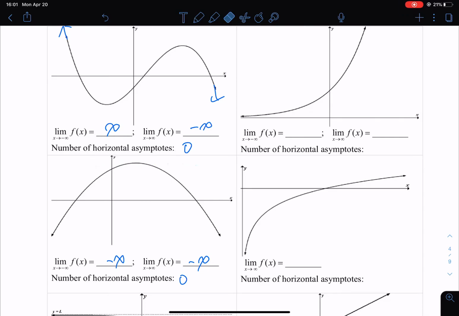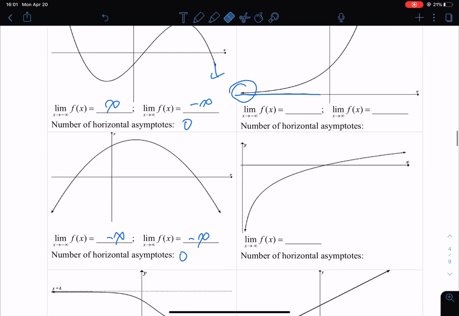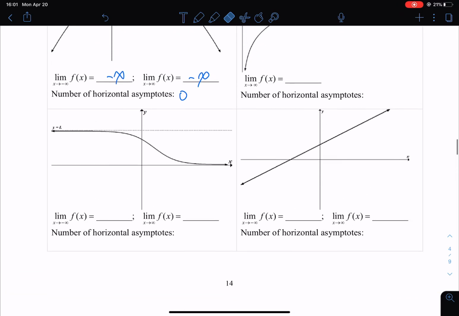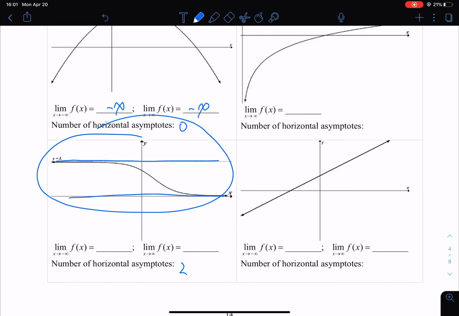For a horizontal asymptote, it must be like this one. You can see this is a horizontal asymptote. This one is not. So you can compare them, and then you can see the difference. So the horizontal asymptote of this one is 0. And the next one, the horizontal asymptote of this one is just 2, because this is the first one and this is the second one.